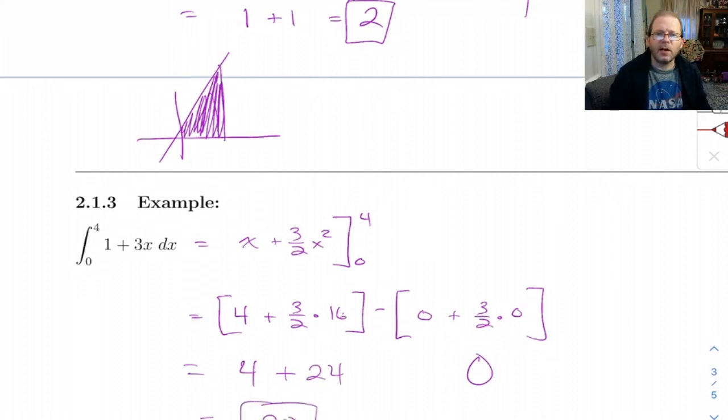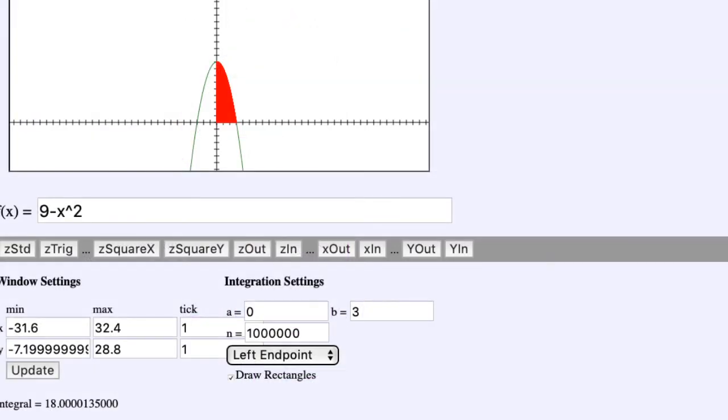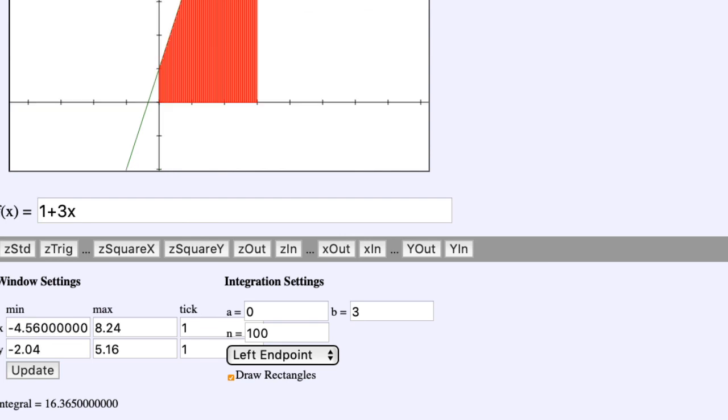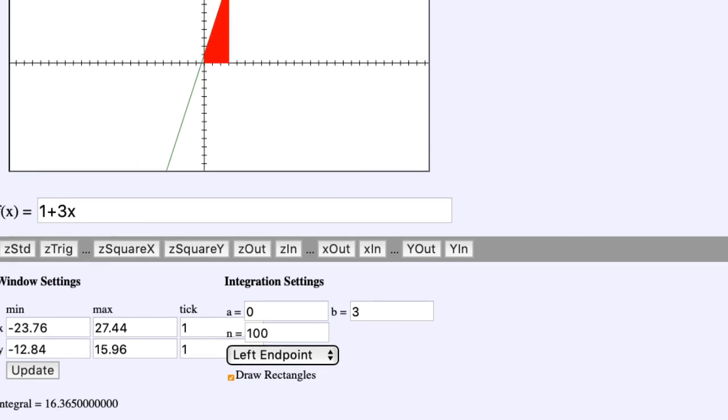Should we check that one on the calculator? Yeah, why not? Let's do it. Let's see, what was it? It was 1 plus 3x. So it gives us that. It's taken a while to update because I'm using a crazy number of rectangles. This has given us an area of 16.36, but I don't have my endpoints right. My endpoints need to be 0 to 4.